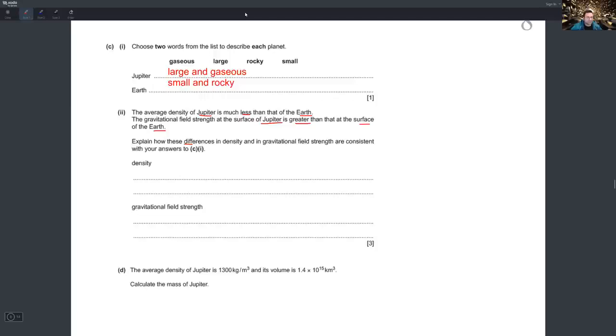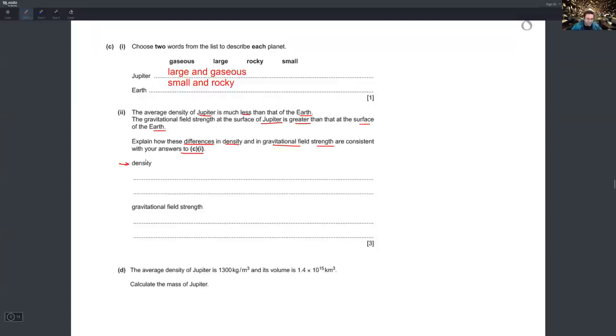Explain how these differences in density and in gravitational field strength are consistent with your answer to C1. What is C1? What does he want? Okay, one by one. Density. He says the density of Jupiter is less than Earth. How does that relate to large? It's gassy, right?